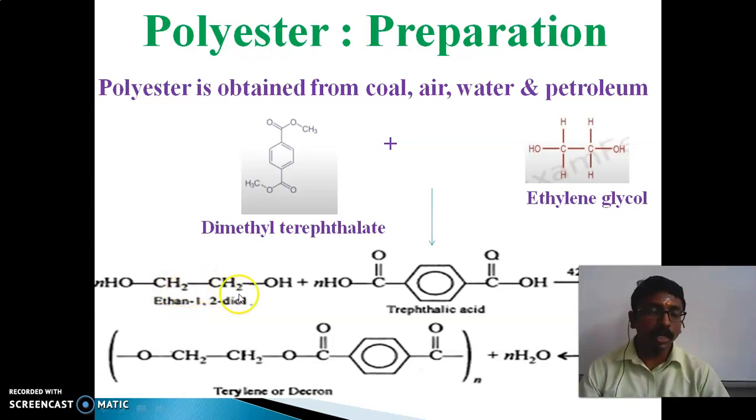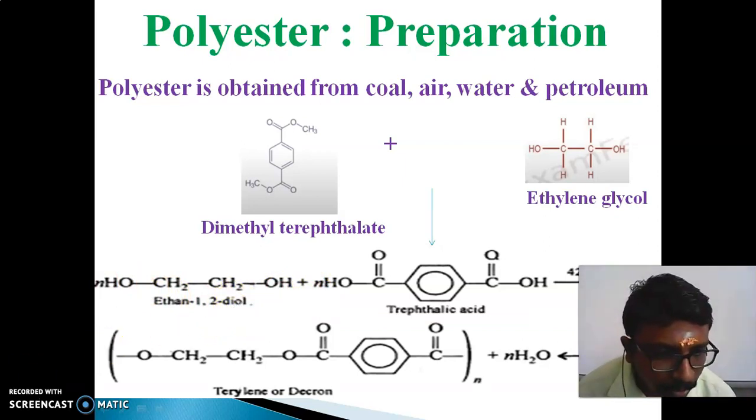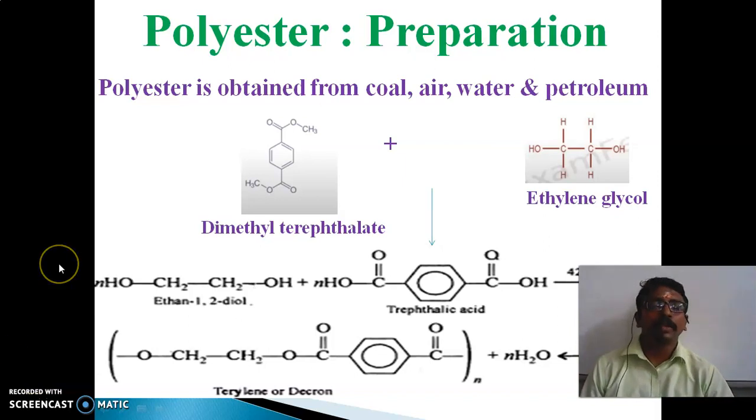Ethane indicates 2 carbons. 1,2 indicates the first carbon and also the second carbon have it, so 1,2 diol. Di indicates 2, and OL, if the alcohol compound is present, that functional group is OH.